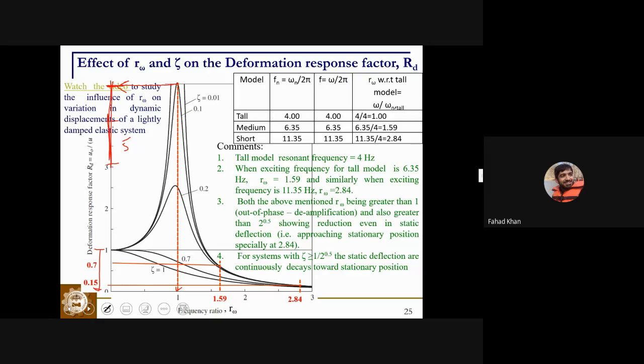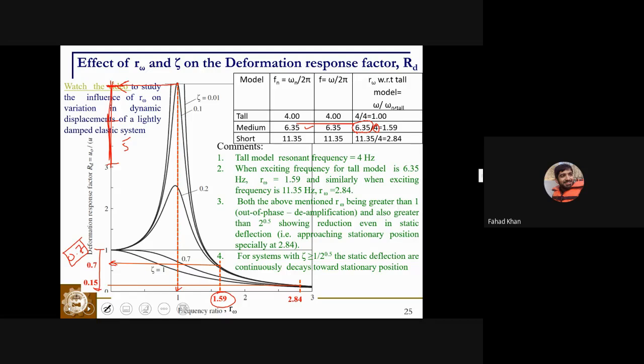Now, when we have the resonance conditions for the medium structure, the tall structure will have an R omega value of about 1.59. 6.35 is the natural frequency of the structure when it's vibrating. 4 is the natural frequency of the tall structure. So at about 1.59, the tall structure will have 0.7 or 70% of the static displacements, as compared to at rest conditions.